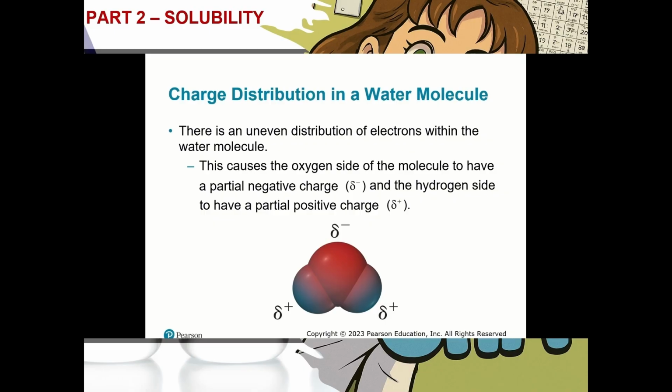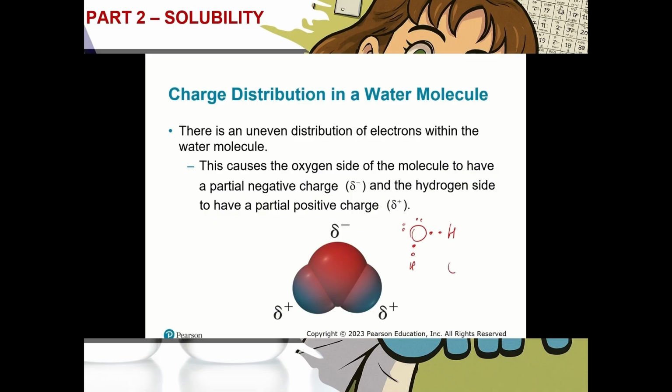So water has an uneven distribution of electrons. Oxygen is sharing electrons with the hydrogen, right? What happens here is that oxygen has the power to attract more electrons toward itself because it has higher electronegativity.